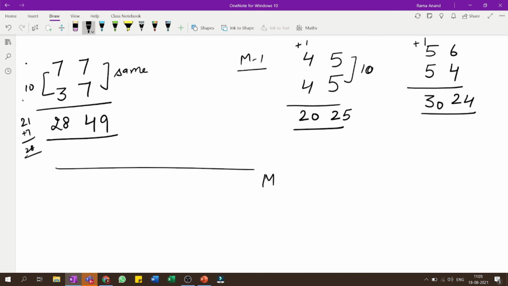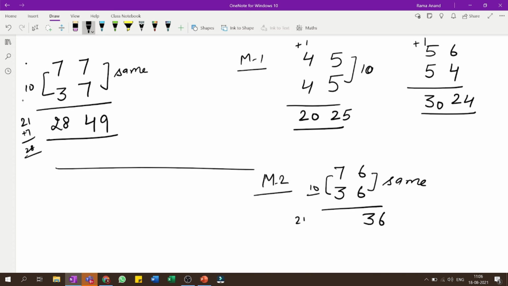And in method 2 what we have done? Digits at tens place are making a sum of 10 and unit place digits are same. Okay, this is the method 2 which we have done in this video. Simply 6 into 6 36 and 7 into 3 21 plus 6 27.